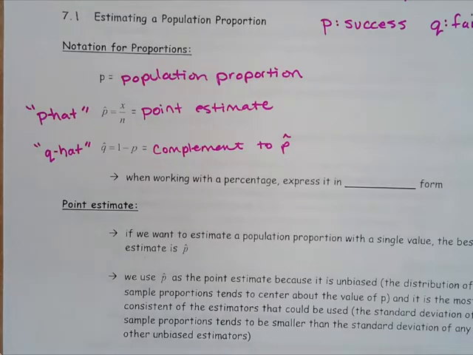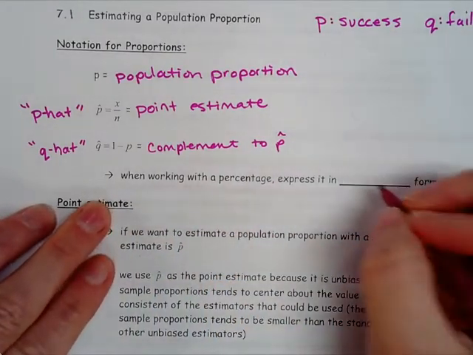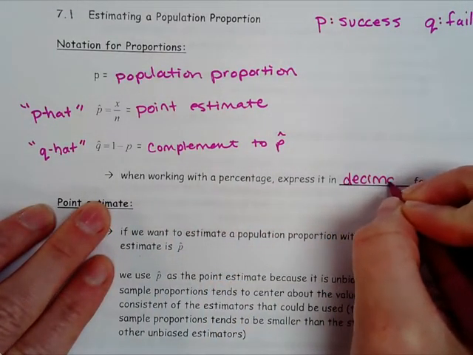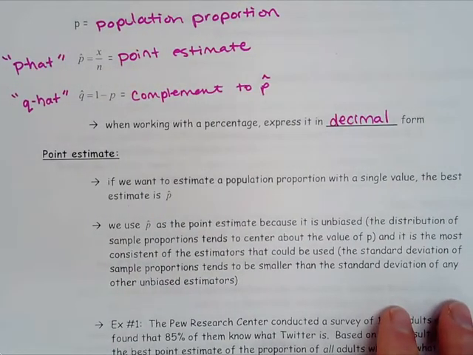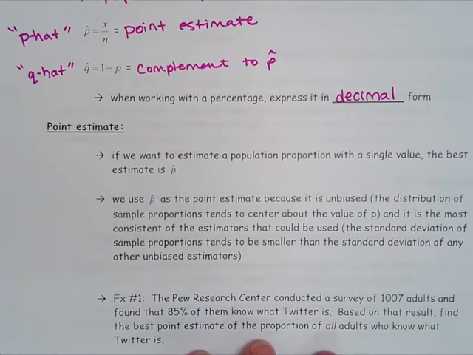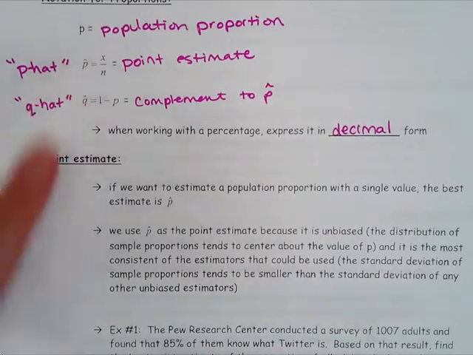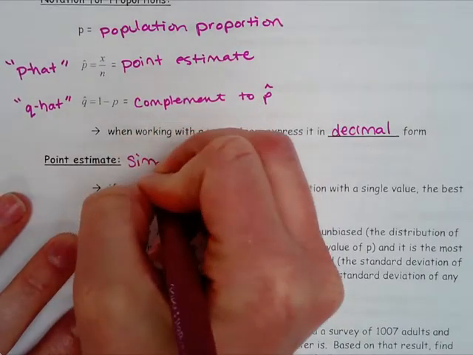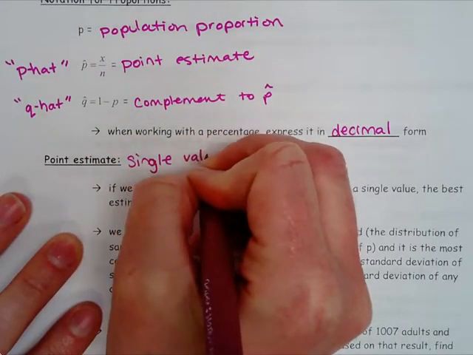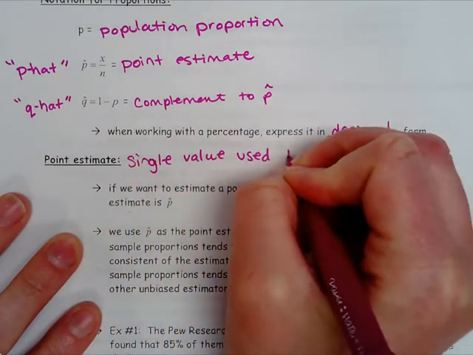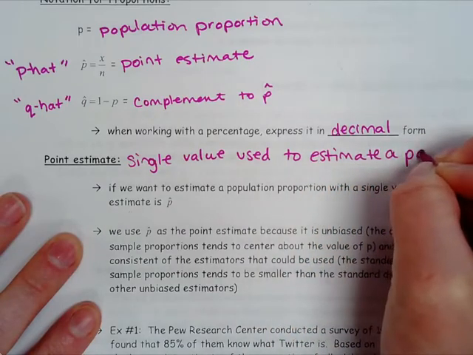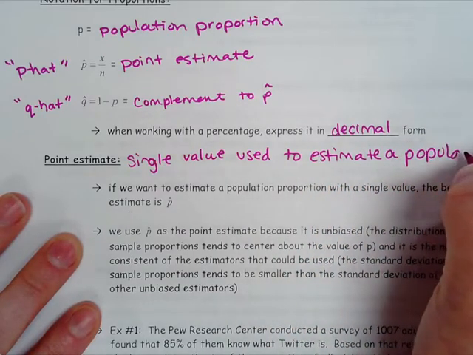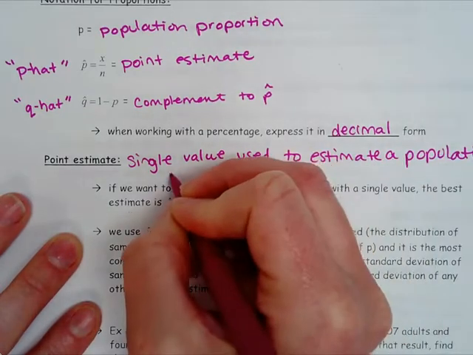With proportions, we're going to estimate those as decimals. So when working with a percentage, express it in decimal form. So you'll just need to pay attention to how many decimal places you're supposed to round to. Our point estimate, which is our P hat, is going to be our single value used to estimate a population parameter.